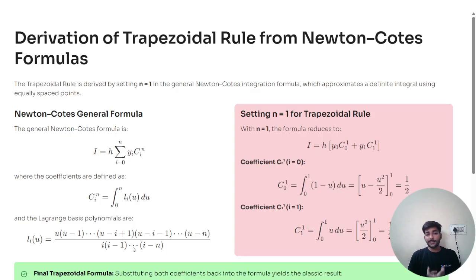In this formula, if we put the value of n equal to 1, then we get the formula of the trapezium rule.